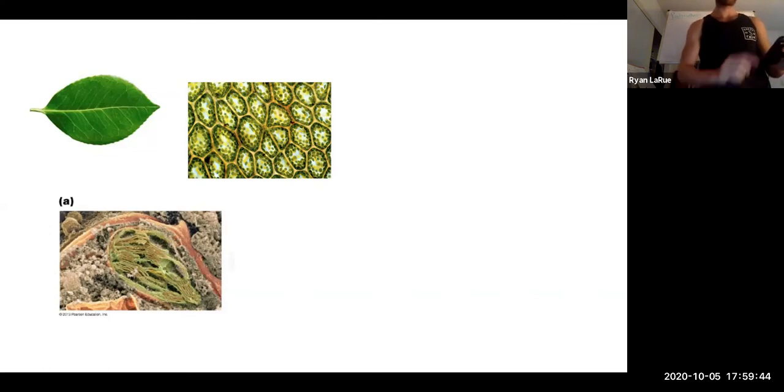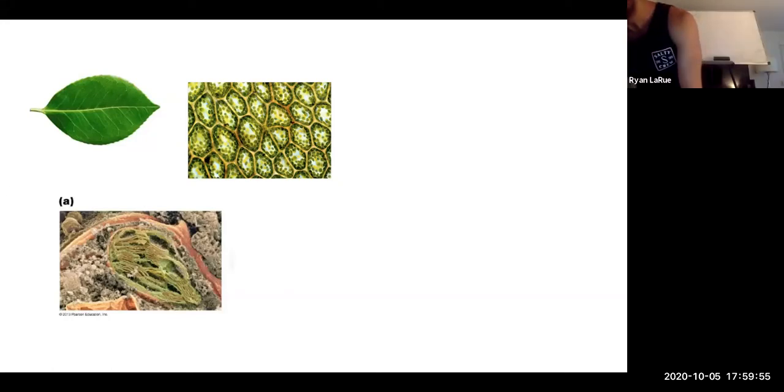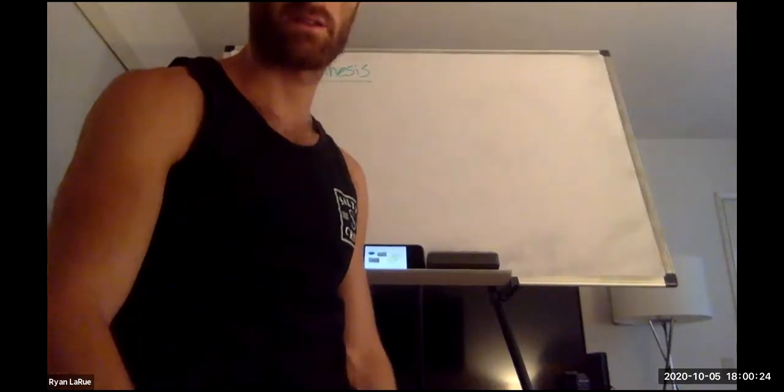And photosynthesis notes out. So I'm going to sort of draw some structures here.